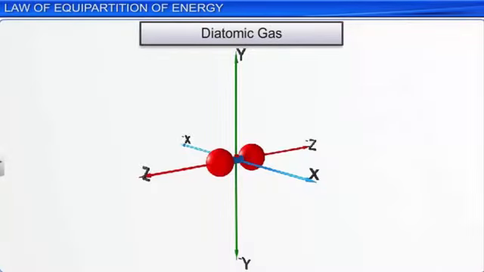Consider that the line joining the 2 atoms is along the z-axis. Then, the axis of rotation will be perpendicular to the z-axis. That is, the axis of rotation will be along the x-axis and y-axis.